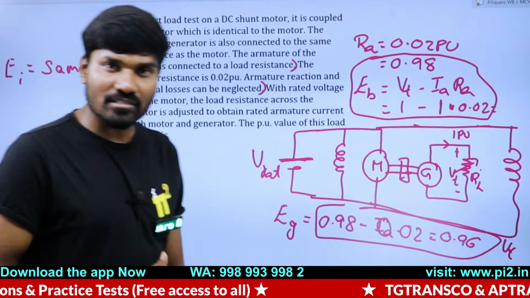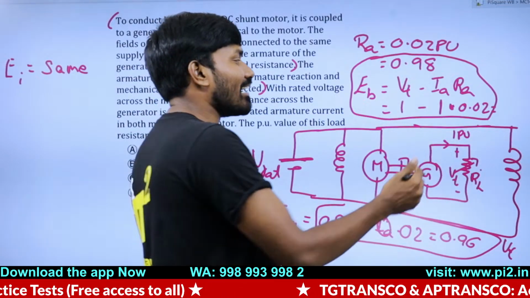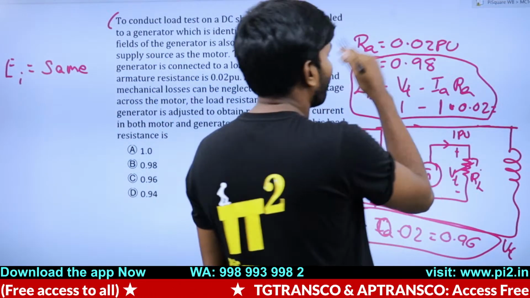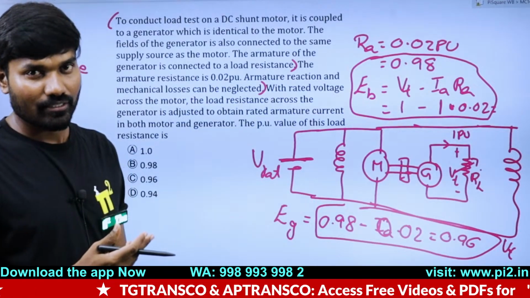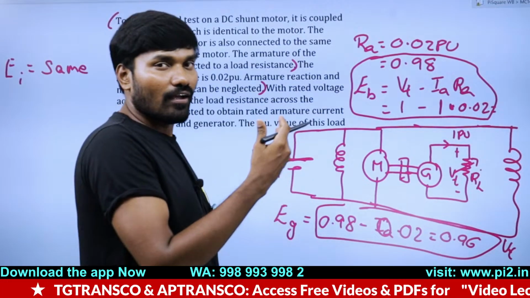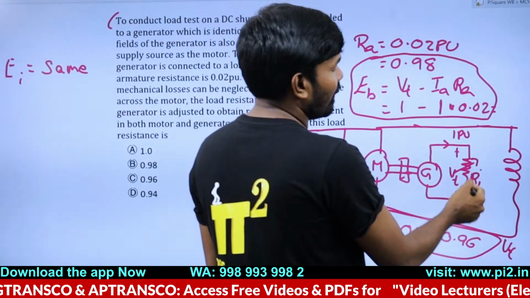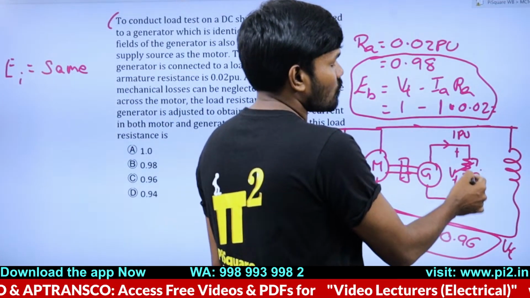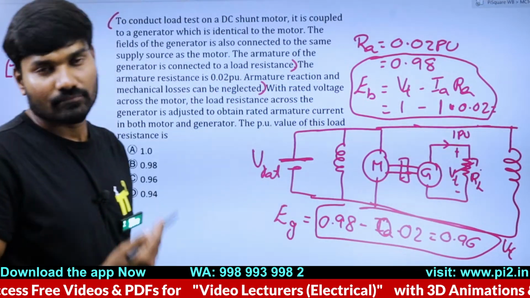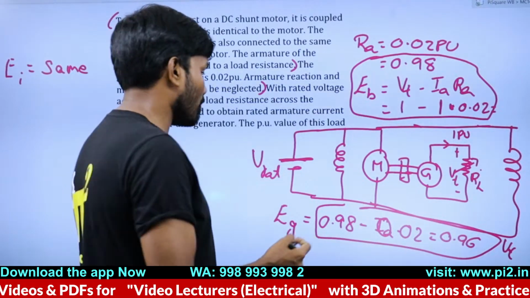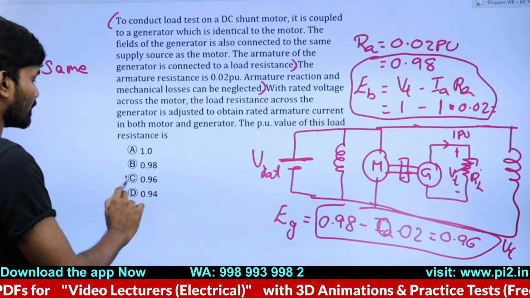I is equal to V by R, but here I want RL, so R is equal to V by I, which is 0.96 by 1, which is 0.96. So the answer is option C.